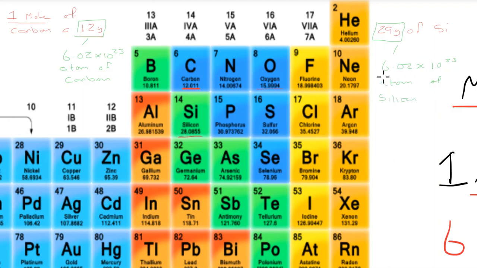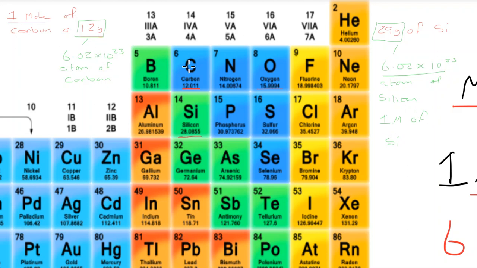Another way to think about it is if you have 29 grams of silicon, you're going to have this number of atoms, or you're going to have 1 mole of silicon. So that's the link.